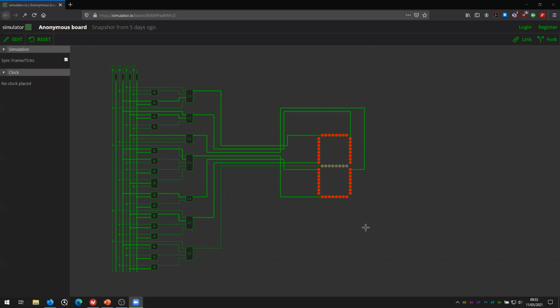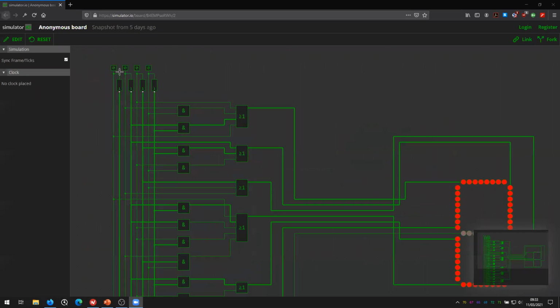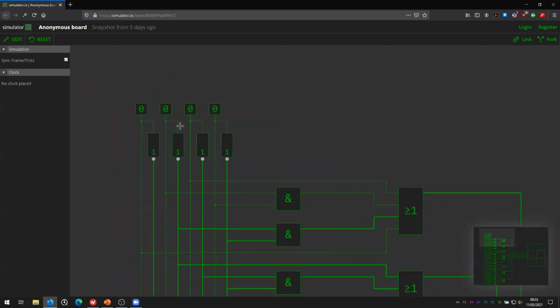Good. Okay. So what I have here is a circuit. If I look in the top left, I have an input of 4 bits, and I can toggle the input like that. So you can see the rail just below goes bold green, which means that there's current running through. And I can do that for each of these bits.